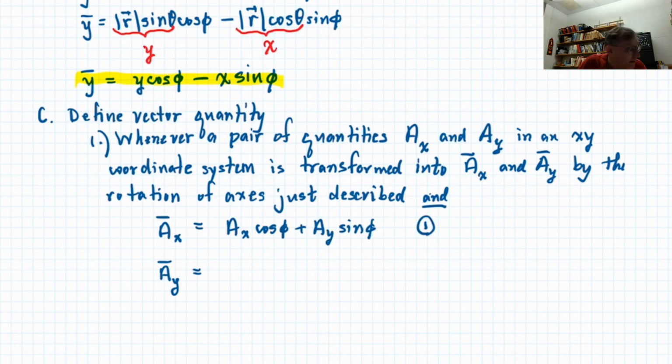And Ay bar is equal to, I'll write it like this, negative Ax sine phi plus Ay cosine phi. I'll number that equation 2. We had a pair of quantities Ax and Ay in a coordinate system, xy. We then rotated the axes of that coordinate system by an angle phi, and Ax and Ay transform into Ax bar and Ay bar, and Ax bar and Ay bar are related to Ax and Ay by equations 1 and 2.